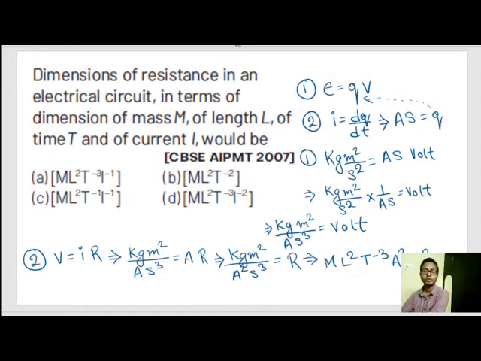So let's check the option. Which is the correct option? M, L square, t to the power minus 3, A square or I square. Both are correct. In some questions or in some areas they'll give you I, in some areas they'll give you A. Okay? Both are correct.